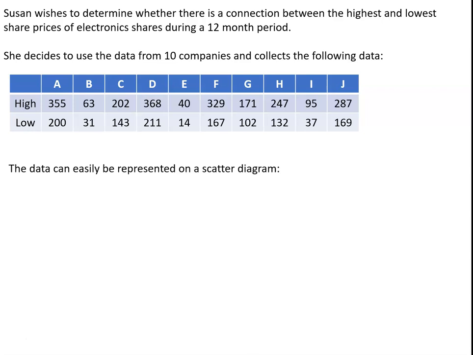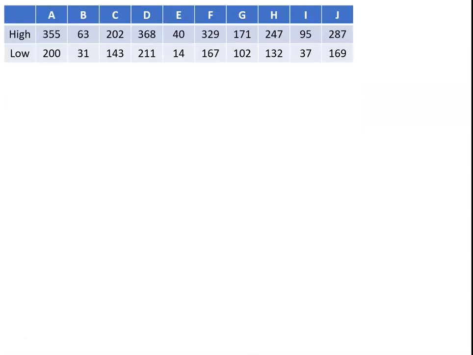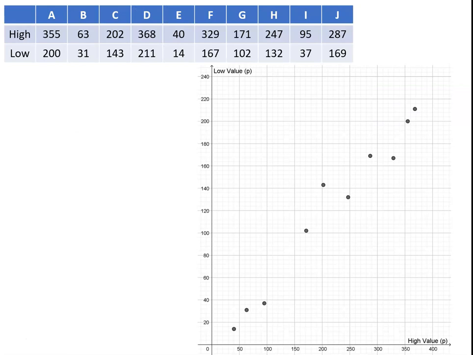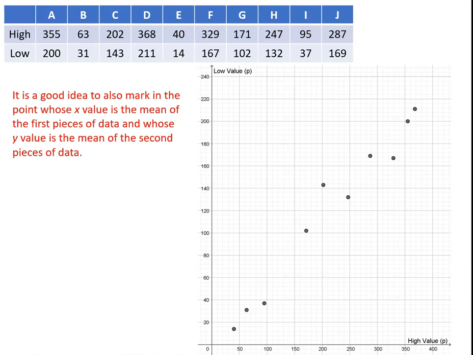And we can easily represent the data on a scatter diagram, which looks like that. Now, when we're drawing scatter diagrams, it's often helpful to mark on the diagram the point of means. So we're going to calculate the mean high value and the mean low value and plot that point as well.